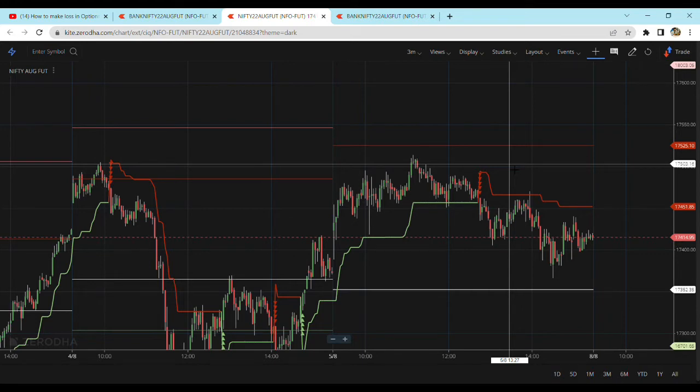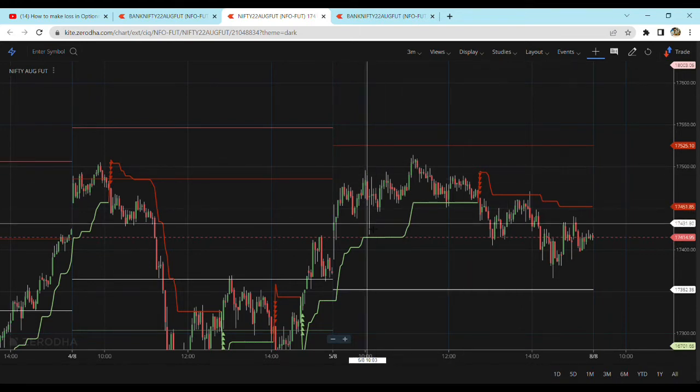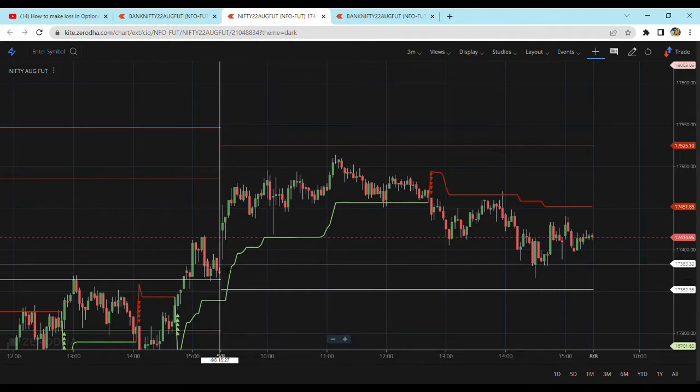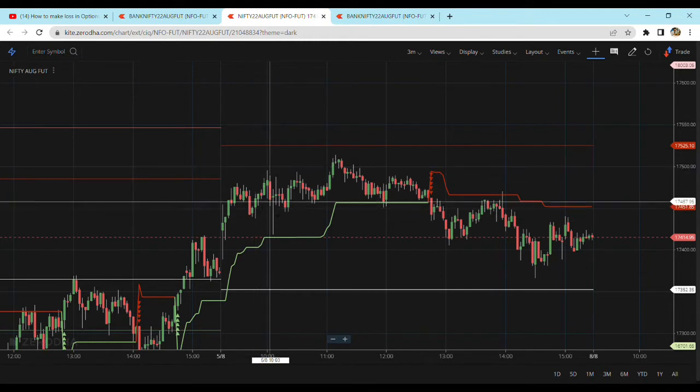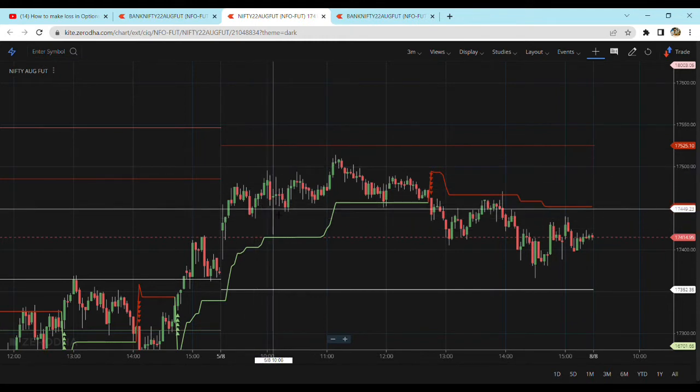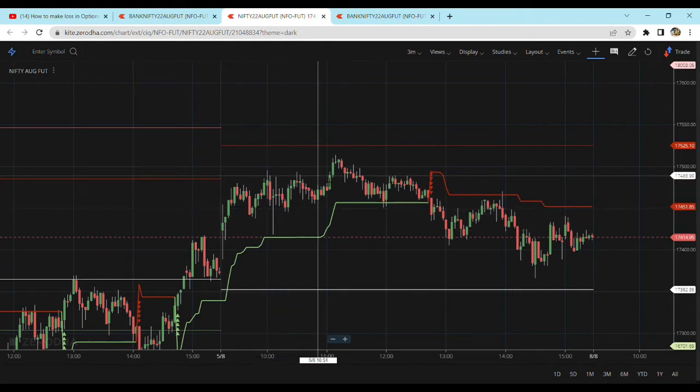Now, coming back to the charts of Nifty August, the market opened at 17,389. It went up in one candle itself, giving like 70 to 80 points, and then from there it slightly hovered and came up again. It was a slightly volatile movement, and then it was sideways for a while, and then it tried to break this pivot level but couldn't.